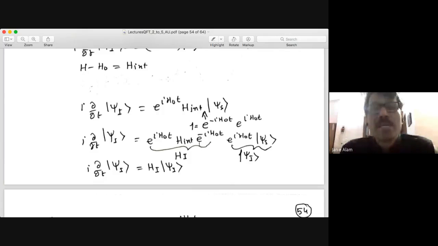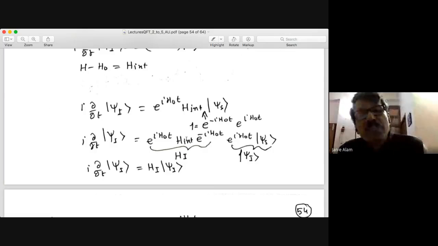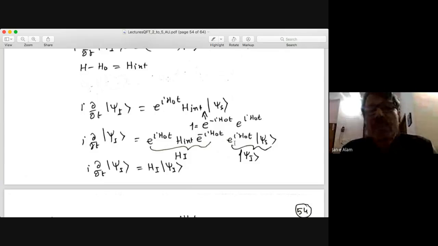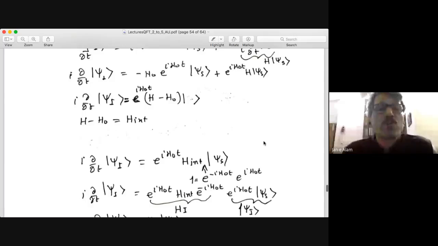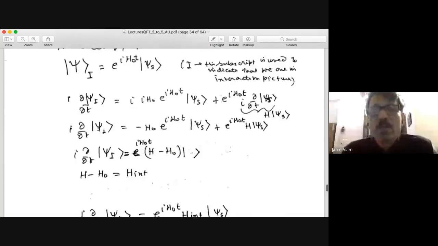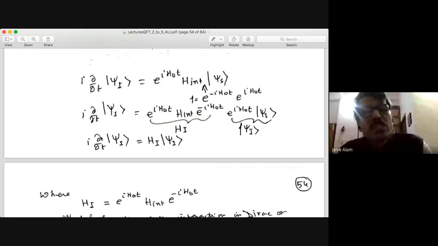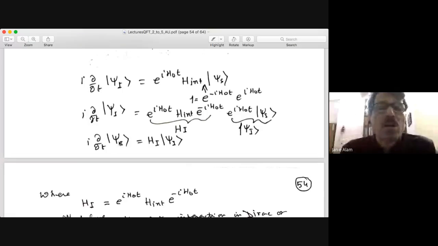And see, this is my H I. This interaction Hamiltonian is evolved by the free Hamiltonian. So this is called the Hamiltonian in the interaction picture, H I. And the remaining part is nothing but again e to the i H naught t psi S, which was my definition of psi I. So then I have i d/dt on this psi I equals H I psi I.